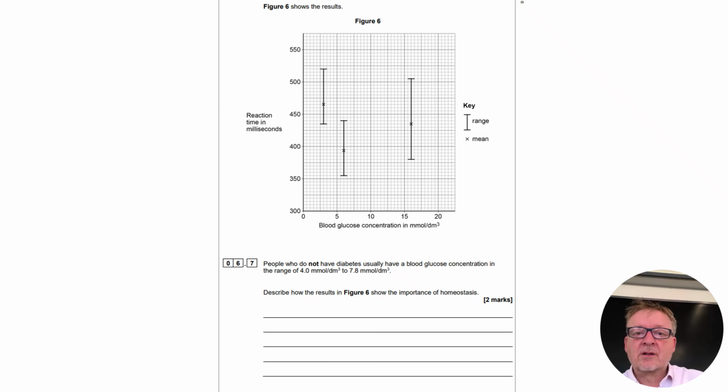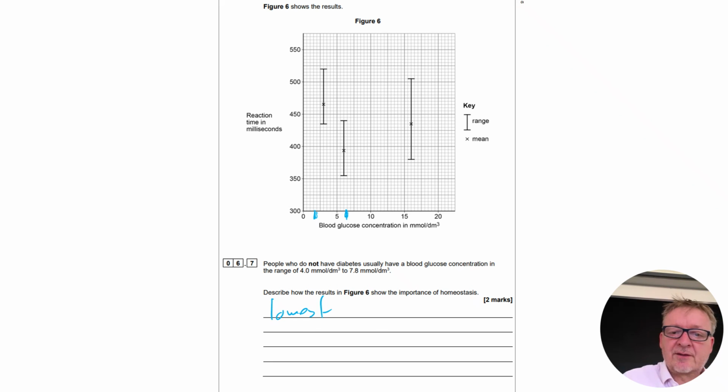6.6. Figure 6 shows the results. Okay, people who do not have diabetes usually have a blood glucose concentration in the range of 4 to 7.8. Okay, 4, which is around about there, to 7.8, which is around about there. Describe how the results in figure 6 show the importance of homeostasis.